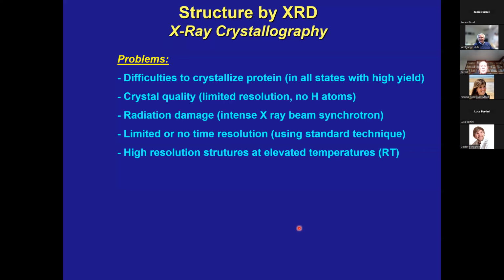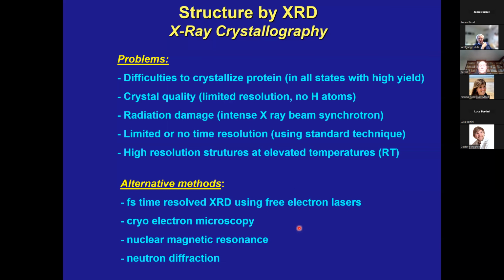There are techniques, but in the past it was really difficult to get good time resolution with X-ray crystallography. And high resolution structures at elevated temperatures, at room temperatures, were also not available because the work is now done at low temperatures.